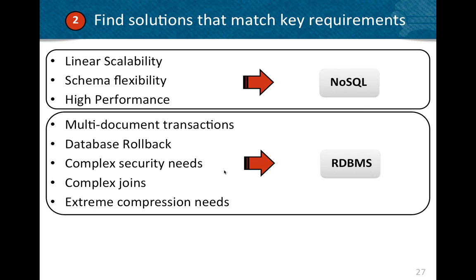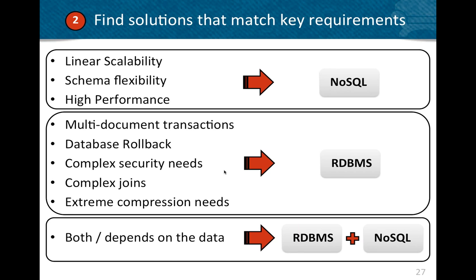If not, then a relational database might still be the best fit for your application. And there will continue to be applications, your classic order management system, for example, where you should just continue to use a relational database. But there are other applications that might be better suited to NoSQL, and later on we'll take a look at what those might be.